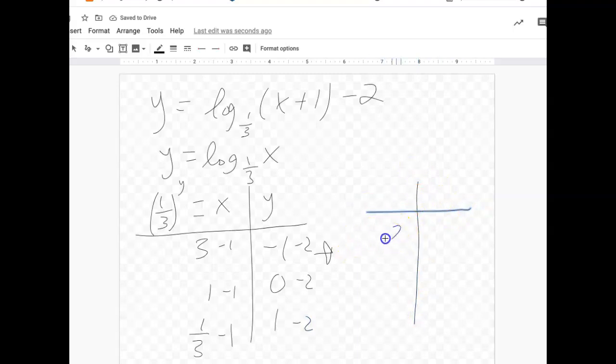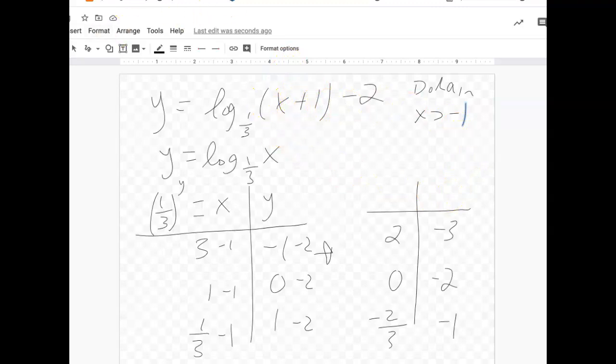So 3 minus 1 is 2, 1 minus 1 is 0, and 1/3 minus 1 is -2/3. And then -1 minus 2 is -3, 0 minus 2 is -2, and 1 minus 2 is -1. I did forget to state the domain. The domain is everything greater than -1, because I set x plus 1 to be greater than 0.